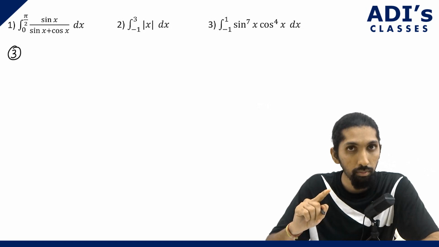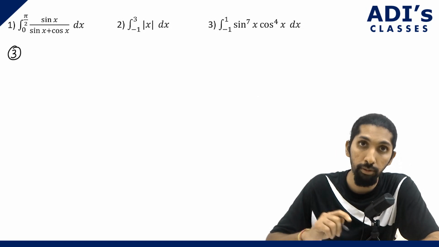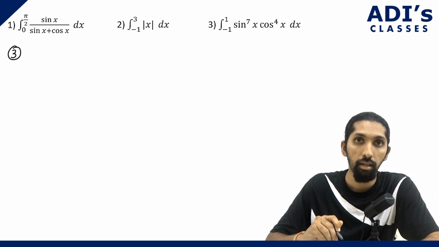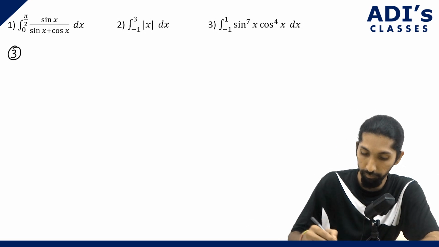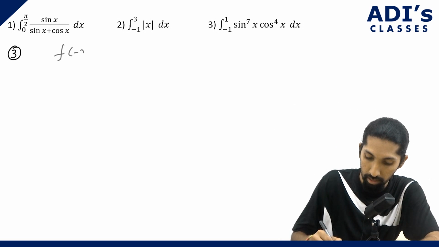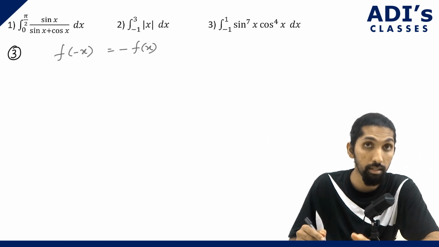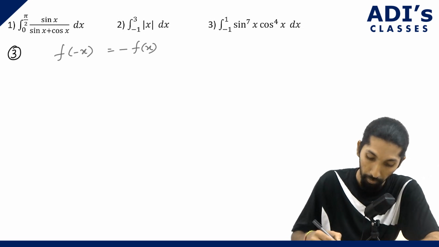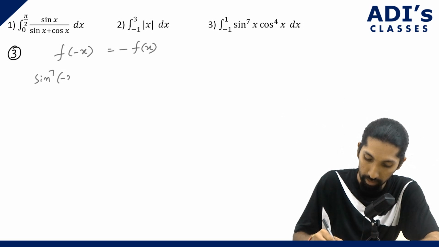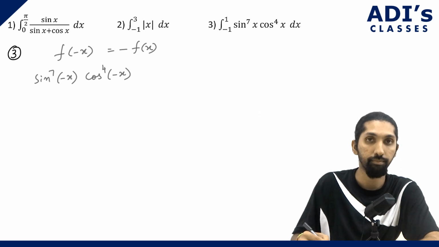Odd function is always easier to calculate than even function. If you take f of minus x, and it gives you minus f of x, then it's an odd function, right? So let's put sine power 7 of minus x, cos power 4 of minus x.